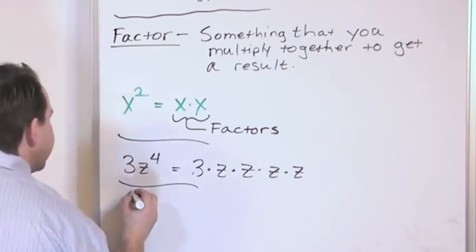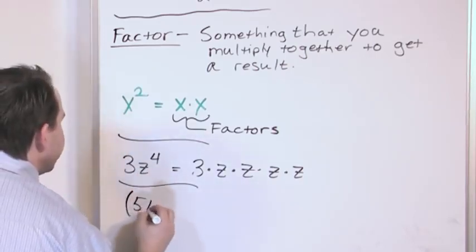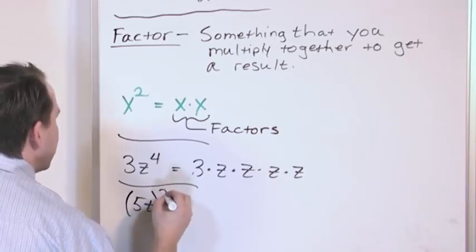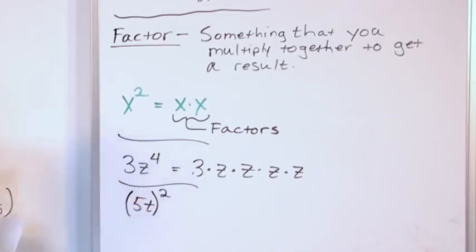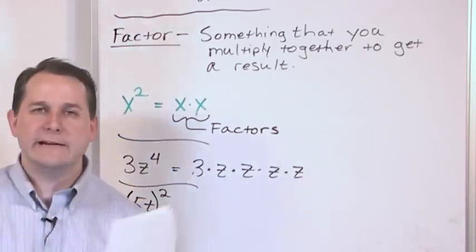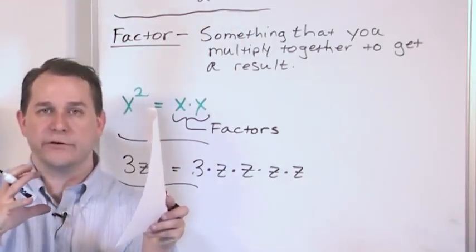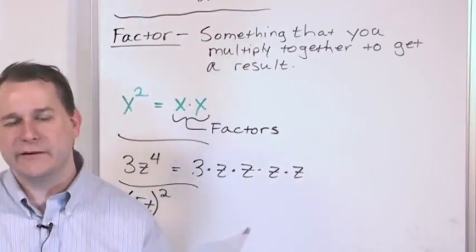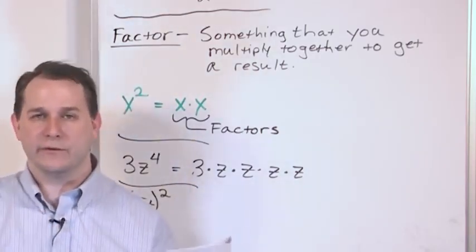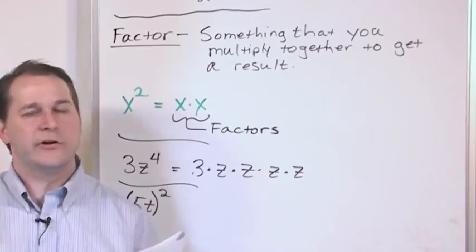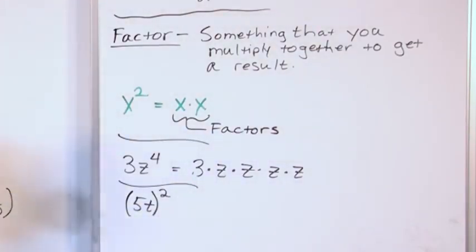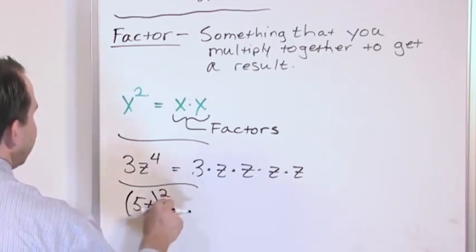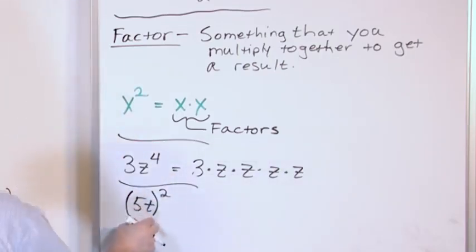Now what if I had, open parentheses, 5 times t, squared? When I write two things next to one another, like 5 and t with nothing in between, it always means multiplication. Anytime you see two things sitting next to one another in algebra, you've got to get used to the fact that you're not always going to see multiplication symbols everywhere. If things are sitting next to each other, you just need to assume that they're multiplied together. But in this case, 5t is raised to the power of 2, and it's inside of parentheses.